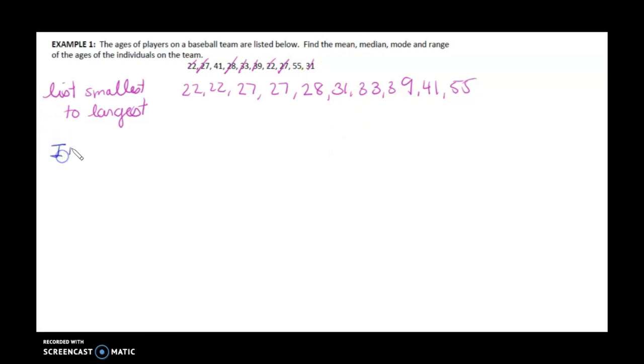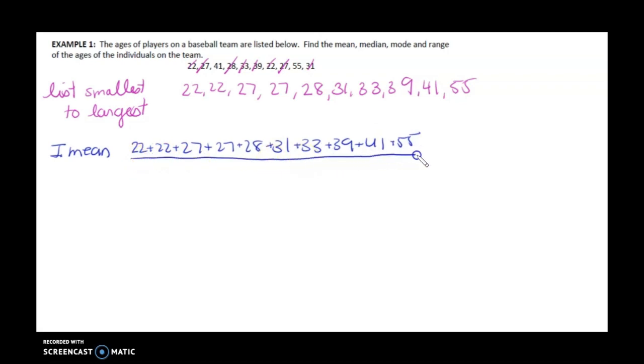First, let's do the mean. For the mean, we're going to add up all these values. So 22 plus 22 plus 27 plus 27 plus 28 plus 31 plus 33 plus 39 plus 41 plus 55.